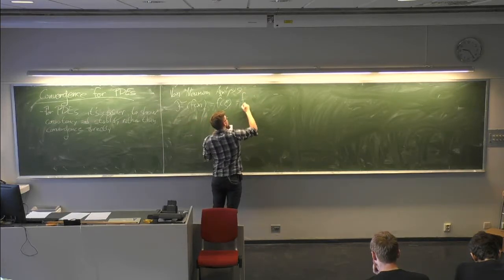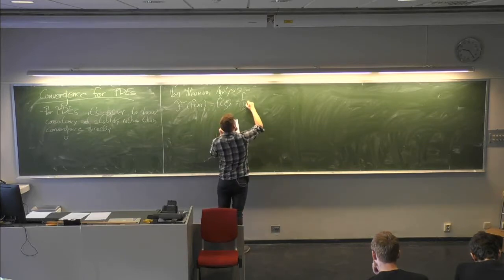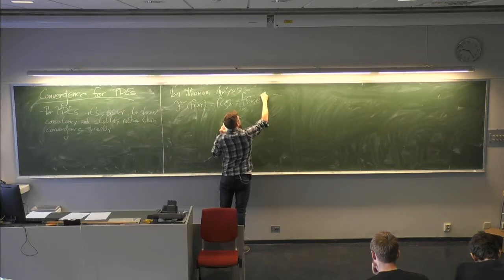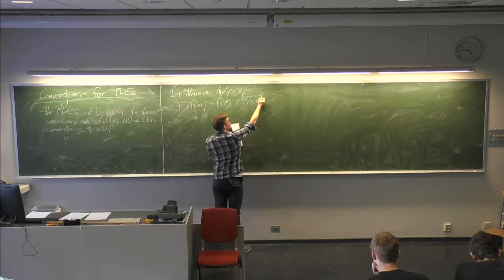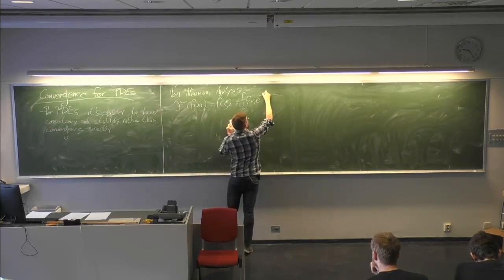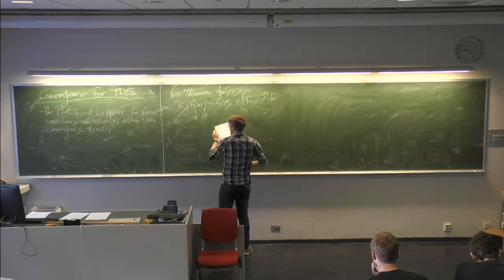There are a whole lot of different definitions of the Fourier transform, but we will use the integral with e to the minus i psi x, where i is the imaginary number, dx.